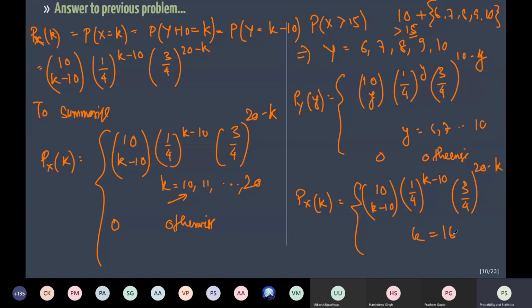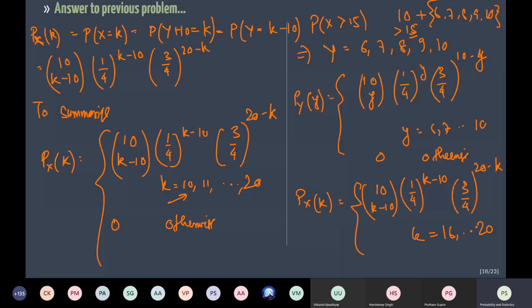I need only probability values from 16 onward. I will use this scratch space. The probability that x is greater than 15 is the probability that x is 16 plus the probability of 17 plus up to the probability of 20. Now we have the PMF.